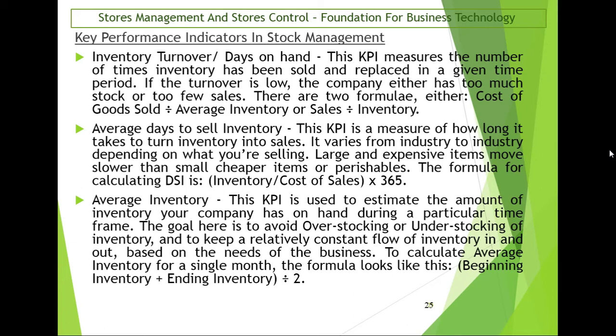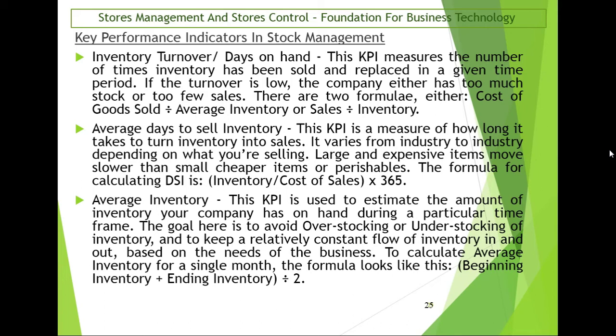The first KPI is called inventory turnover or days on hand. This KPI measures the number of times that inventory has been sold and replaced in a given time period.